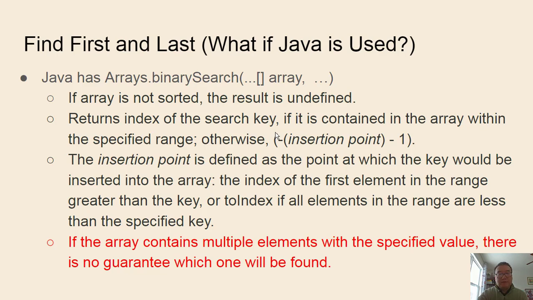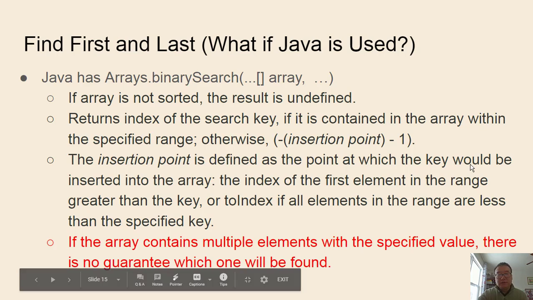So actually you cannot solve this, finding the first and last, just by calling Arrays.binarySearch. You have to do something else. It's not obvious what you do other than doing additional binary searches, whether you use Arrays.binarySearch or not.